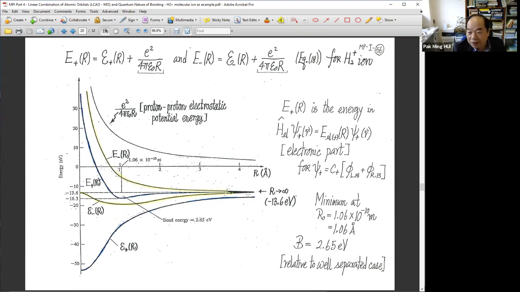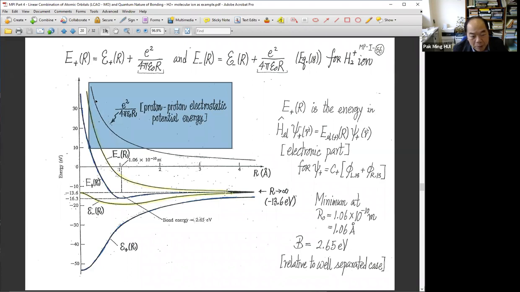Here, I want you to look at two lines in particular. Look at the epsilon plus as a function of R. This is the bonding, the plus linear combination when we vary the separation R of the two nuclei. So this is the answer, but that is not the whole thing because there is always a nuclei-nuclei repulsion line, this solid line.